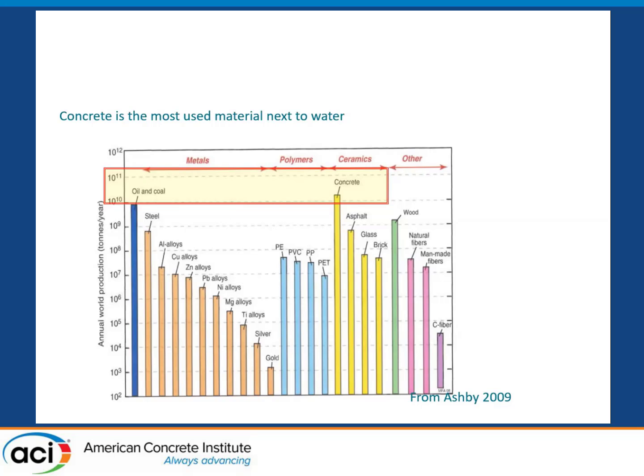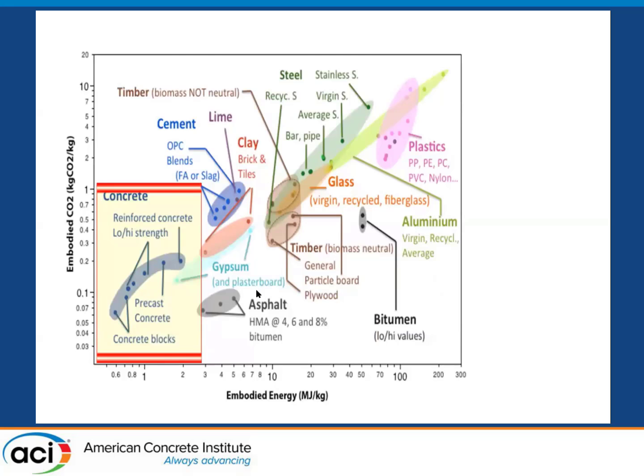When we look at this graph, this is a logarithmic graph. With this logarithmic graph, you can see that concrete is way more used than asphalt, glass, brick, block, wood, natural fibers, man-made fibers, and carbon fibers. You can see how much there is, and the other materials, even including steel, show a lot of difference.